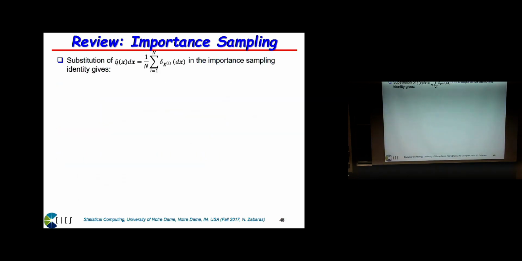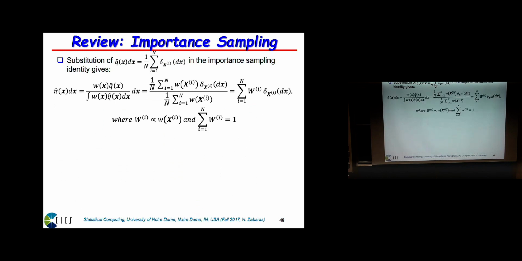But where is it? The sample for the distribution for pi, this is a reminder, all right? The distribution for pi, yes, has delta functions here, but then has these normalized weights W_i. This is capital W. And what's the definition of capital W? It is little w at x_i divided by the summation of all the weights. You remember that? When we did importance sampling? Does it click?